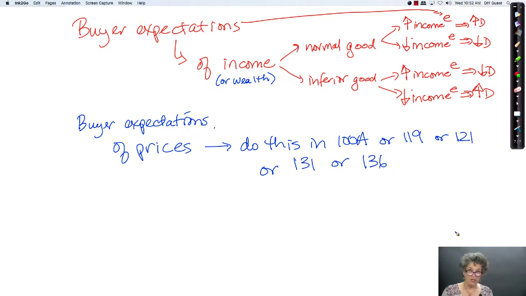So buyer expectations of prices are also going to impact what people do. It's just not an example I'm going to use at all in Econ 1, so let me postpone that and let you cover that in another course.